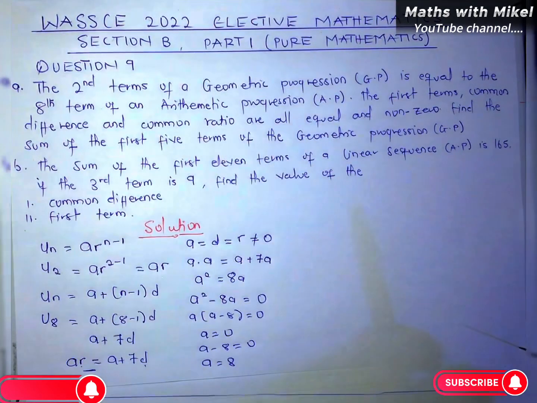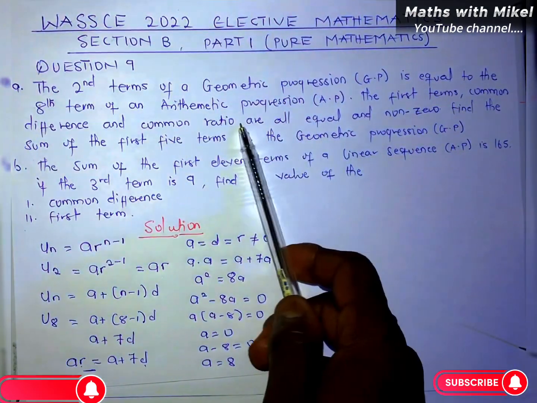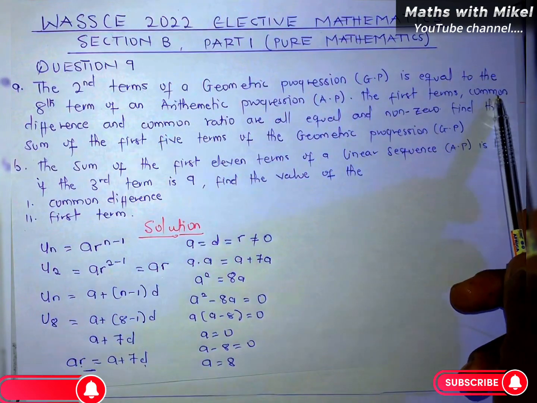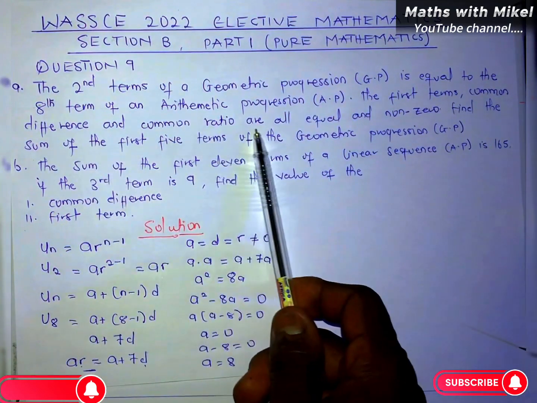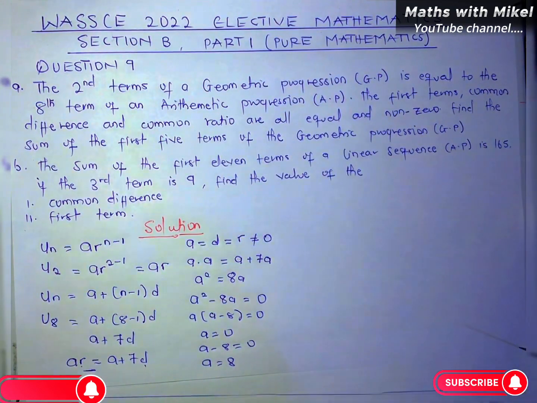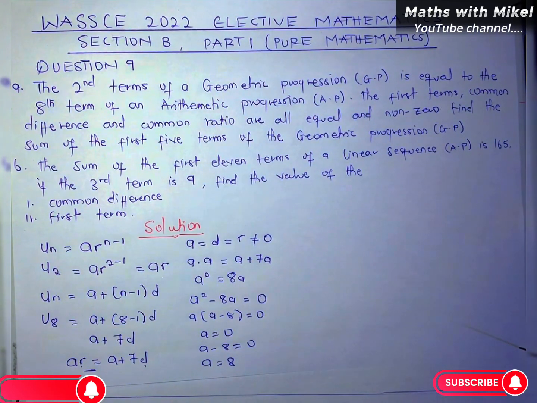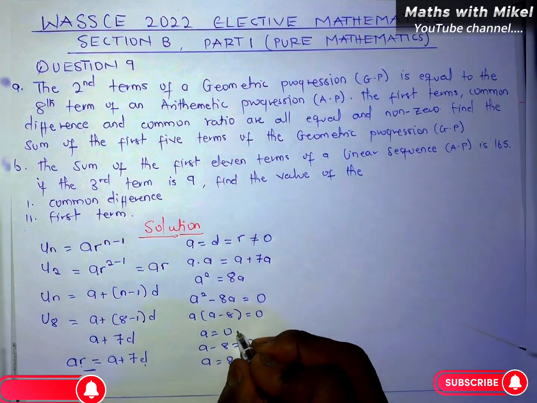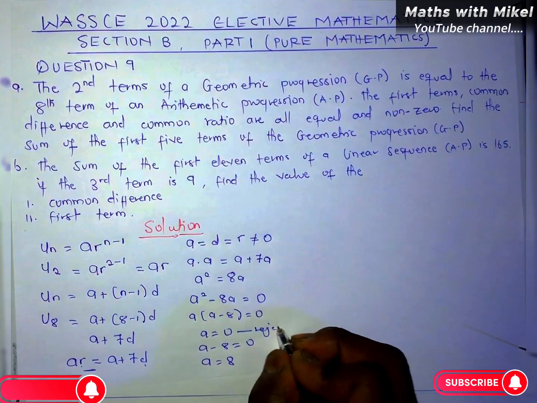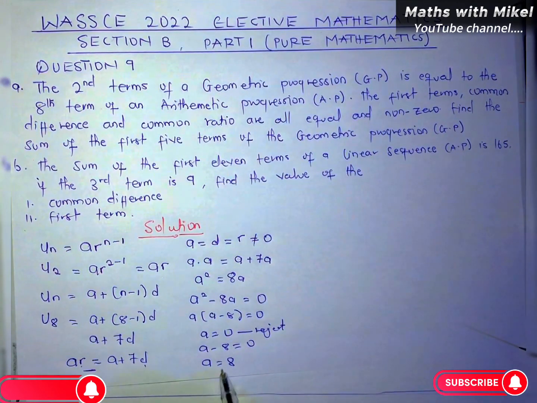Now from the question, it says that the first term, common difference, and common ratio are all equal and non-zero. It means that what we have here, a is equal to 0, we can't get the first term, the common difference, and the common ratio to be all 0. So we reject this. So it means our first term is equal to 8.